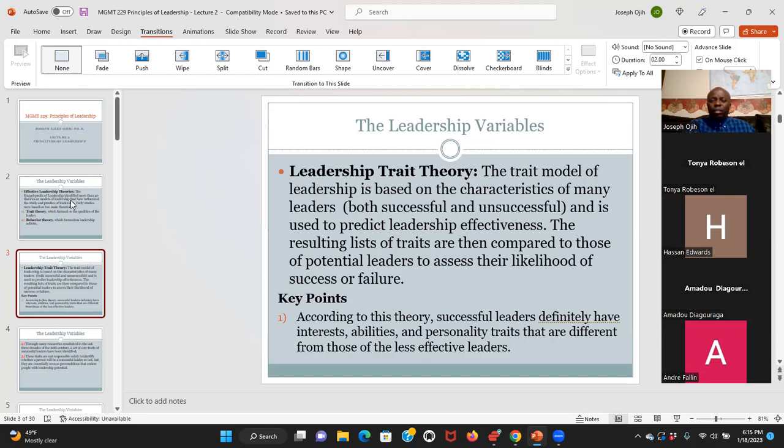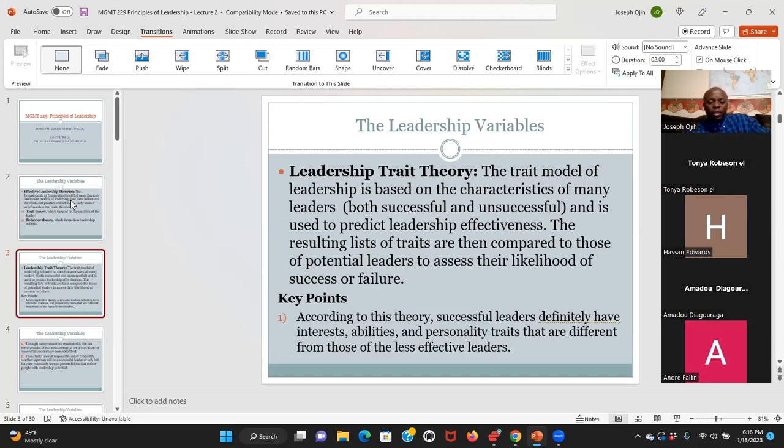So now, researchers or even people who want to hire someone to assume a leadership position can use these traits to compare those who submitted applications or who were interviewed, to assess their likelihood of succeeding as leaders or not succeeding.